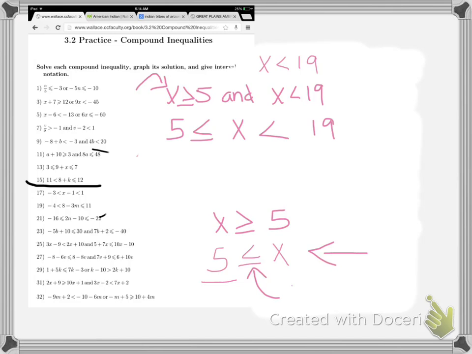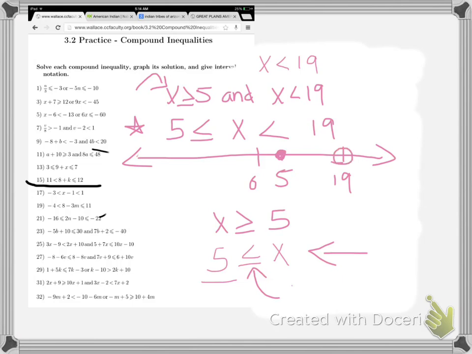What am I missing? Well, number one, I'm missing my graph. Graphs are easy to do from this because, as I told you, it graphs the way it looks, right? So it's a closed interval on the 5, which we used to do the little closed circle, right? And it's an open interval on the 19.